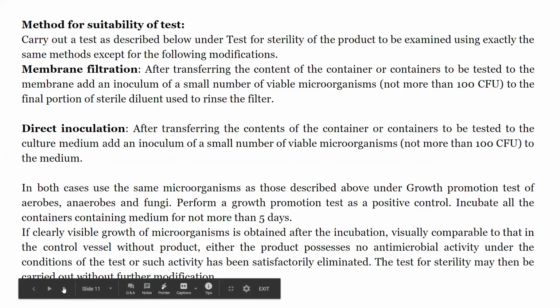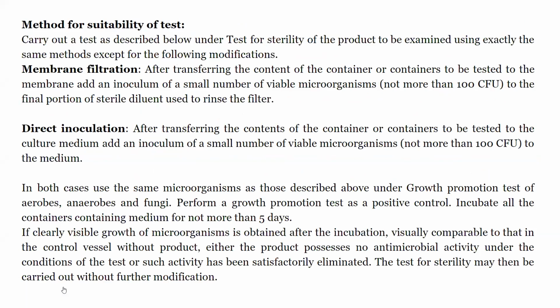Okay. Next, we'll see the method suitability test. Carry out a test as described below for sterility of the product to be examined, using exactly the same method except for the following modifications. Membrane filtration and direct inoculation are the two methods by which the final product will be tested for sterility using the earlier two culture media.